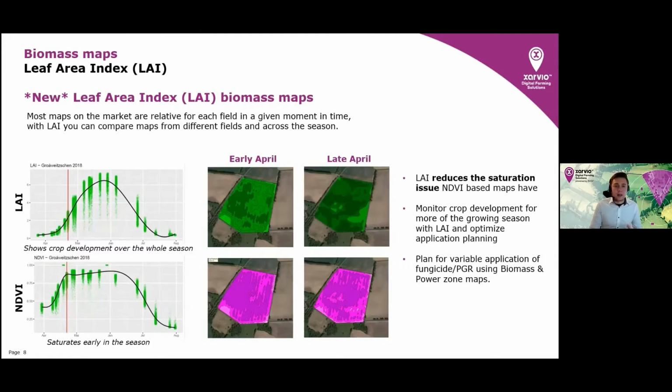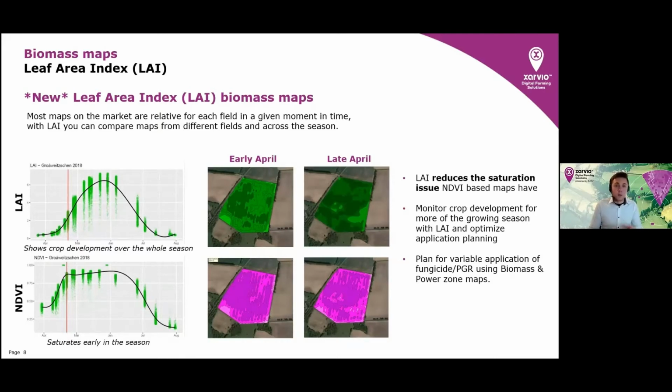Also, LAI leaf area index analysis of the satellite information maintains a greater resolution throughout more of the growing season. It has less of a saturation issue compared to NDVI. So this means that the biomass variation in the field can continue to be observed longer into the season.